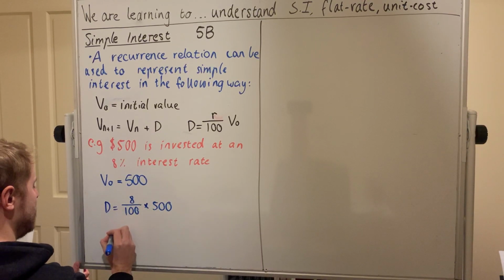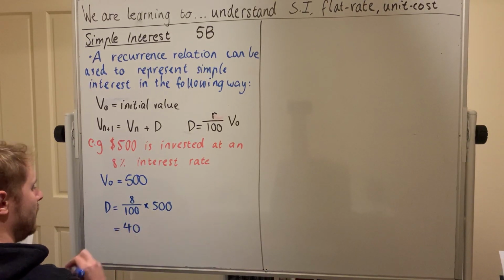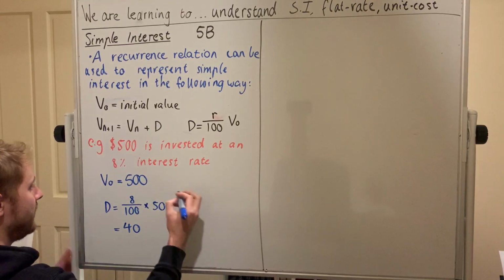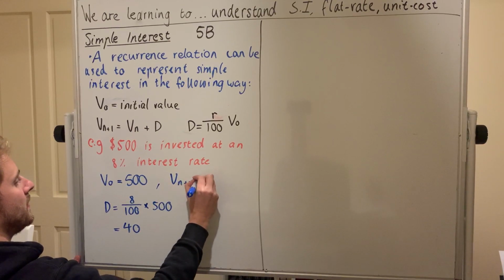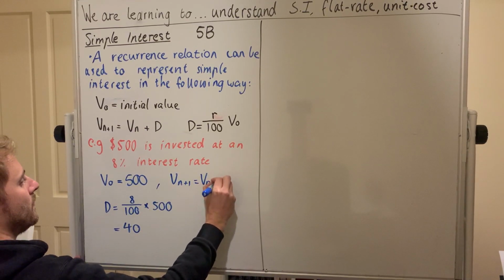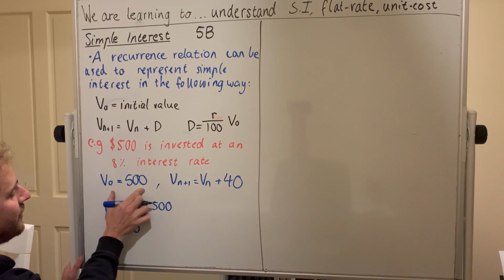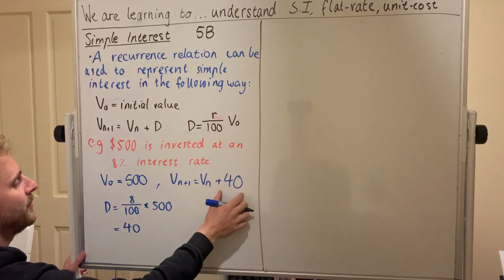If you type that into your calculator and work that one out, you'll get 40. So, if we put that into the formula, that's what we get. Initial value of 500, and then our investment or whatever it is going up by 40.